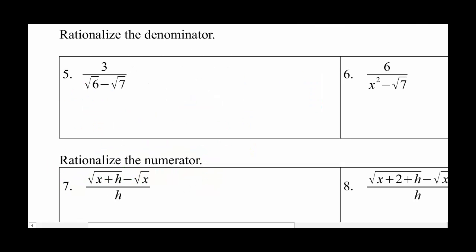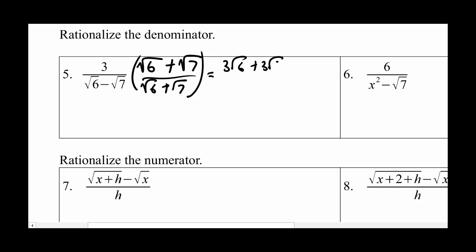All right, number 5, we're going to rationalize the denominator. So we're going to multiply by a very clever form of 1, which involves the conjugate. All right, so up in the numerator, I get 3 square root 6 plus 3 square root 7, just distributing the 3 in. And the whole reason for picking the conjugate is that it allows us to do the difference of two squares process.